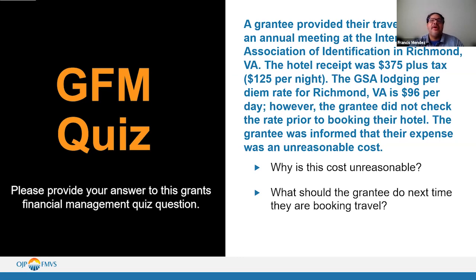Yes, thank you, Tara. They should check the GSA lodging rates prior to booking the travel so they're able to know if the rates are reasonable. And then, when you're booking a hotel, you can ask the hotel if they honor the GSA government rates, right? Because some hotels do.